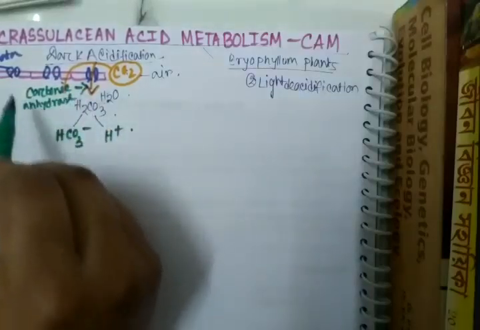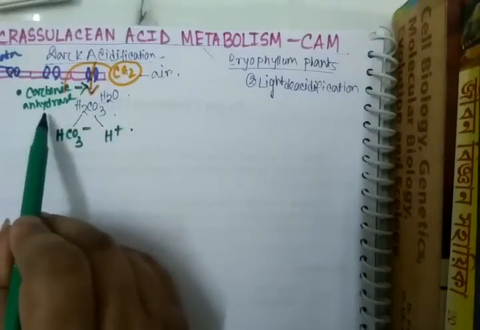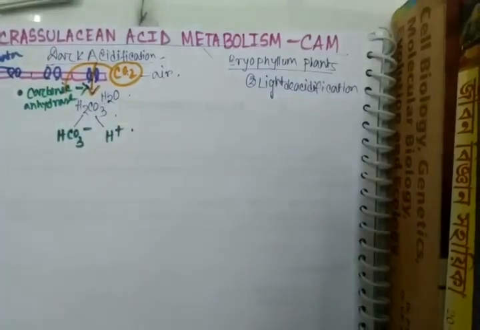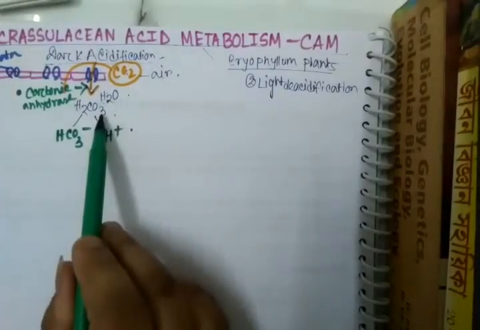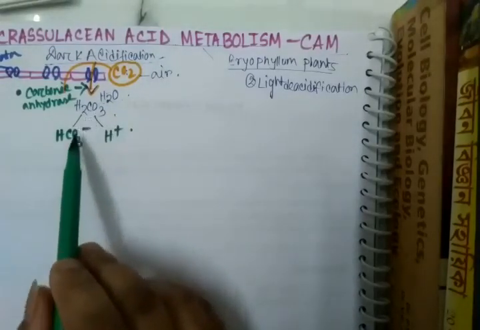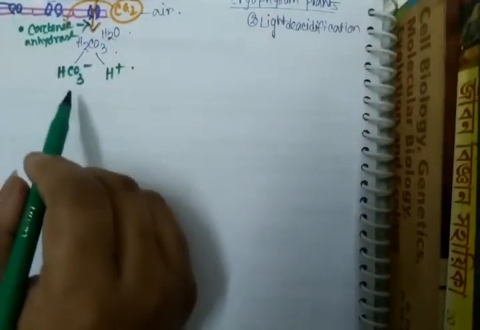With the help of the enzyme carbonic anhydrase, the CO2 will convert into H2CO3, and the H2CO3 will dissociate into HCO3 minus and H plus.